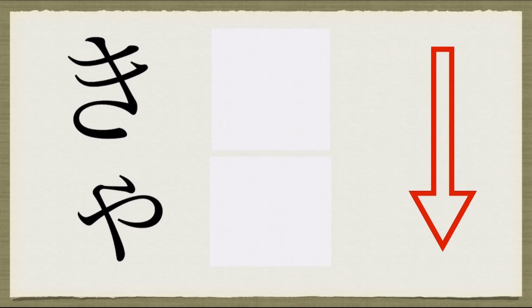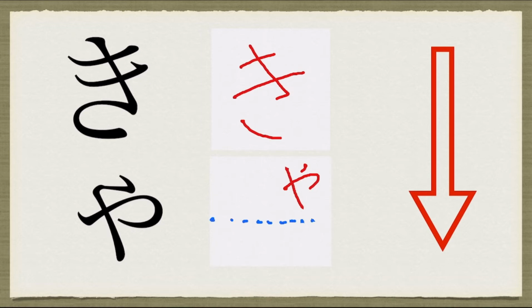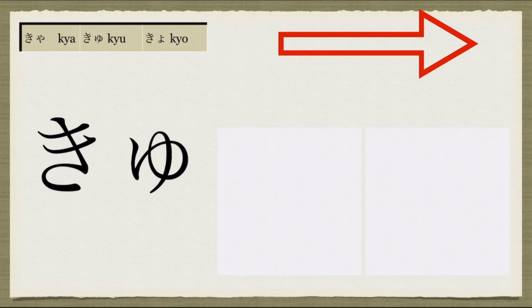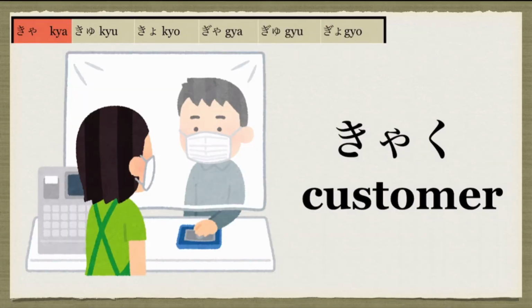And from top to down, we write kya. The small ya has to be in the upper right box. Same with kyu, from left to right, kyu. And so on. Now I'm going to introduce vocabulary using Hiragana with small letters.